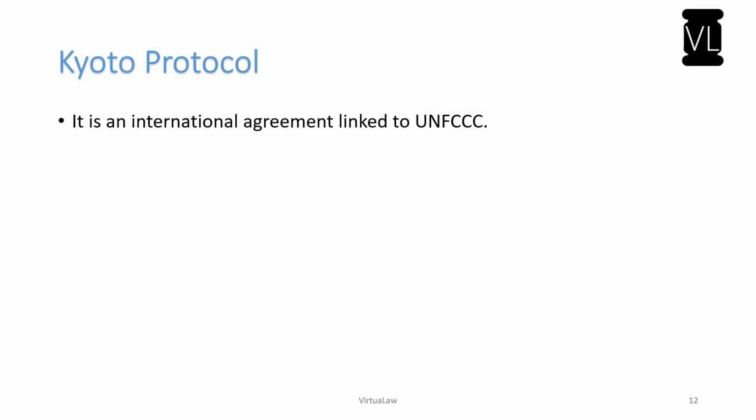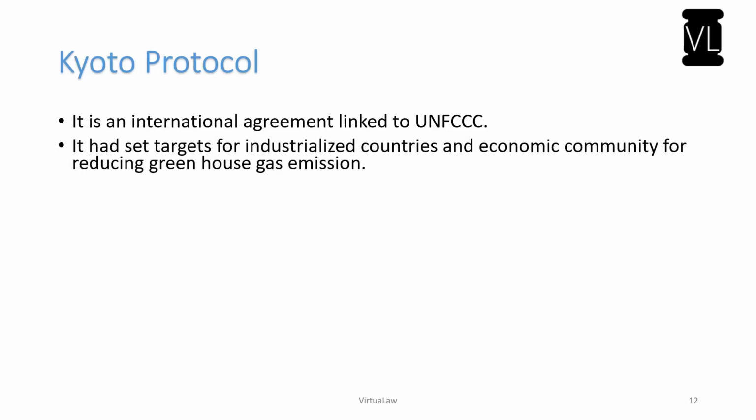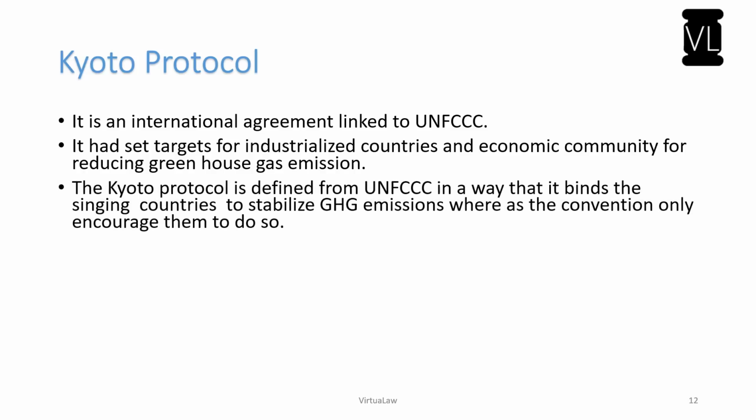Now the Kyoto Protocol. UNFCCC is a convention, and under the convention they have a pact. A protocol is like a pact, like an agreement. So it's an international agreement which is linked to the UNFCCC. A similar obligation under UNFCCC has to be complied with under the Kyoto Protocol. Under the protocol, they have set targets for the industrialized countries, that is Annexure 1 countries, for reducing greenhouse gas emissions.